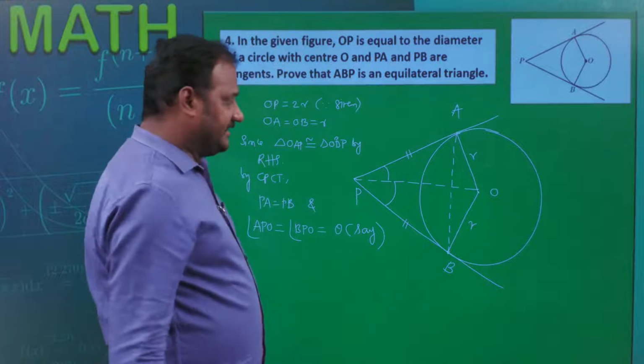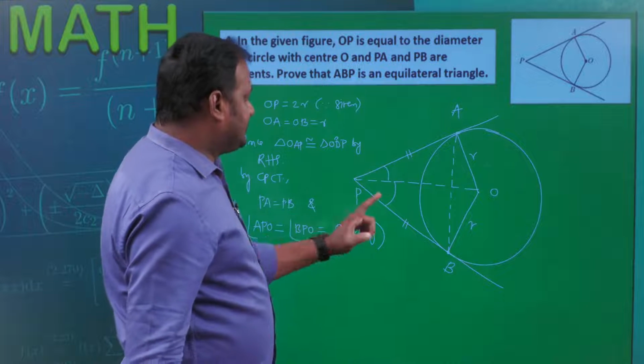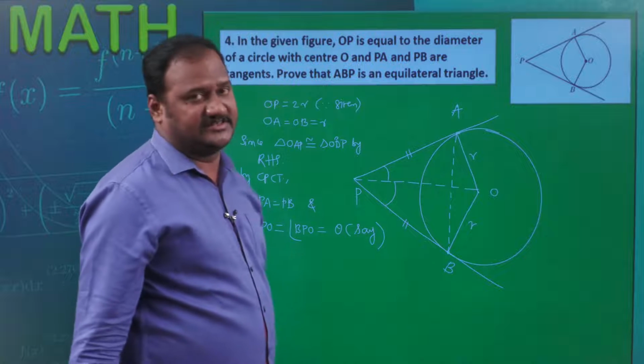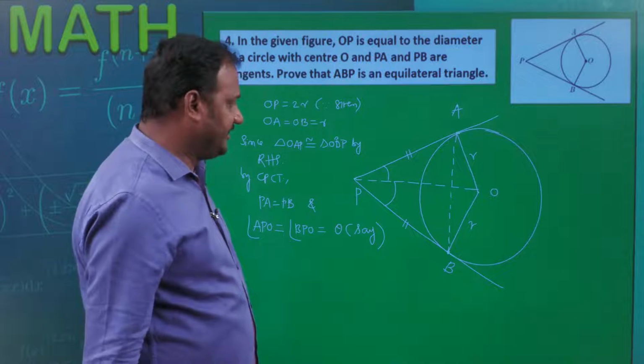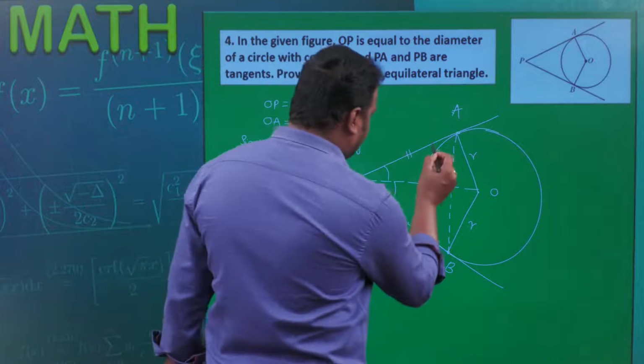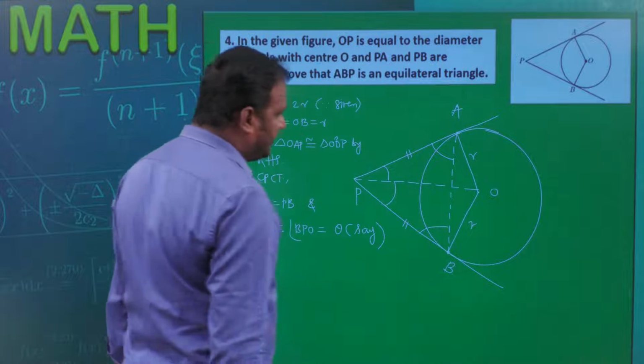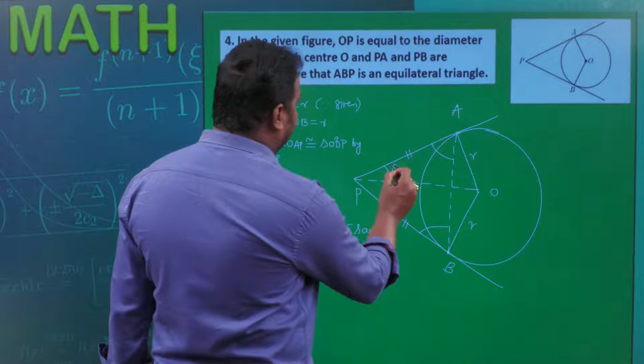Let it be theta. Now these two sides are equal, then obviously triangle APB is an isosceles triangle, because two sides are already equal. If two sides are equal, then two angles are equal, so this angle is equal to this angle. Correct? So anyway, you have taken this is theta, right?